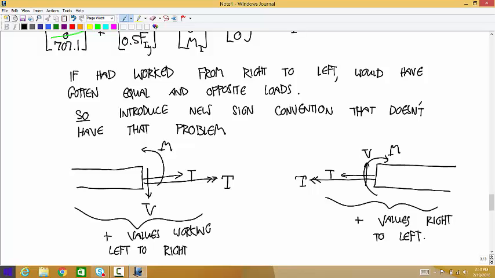And so if you use those sign conventions, then if you do this problem working from the left, you get whatever values. Then you throw that aside, work from the right, and you get the exact same values. You don't have to worry about that Newton's third law thing.